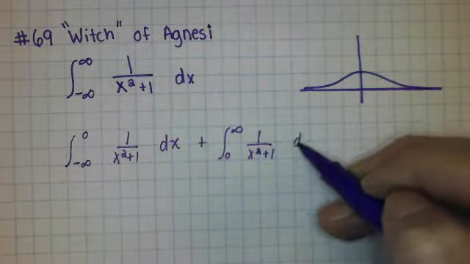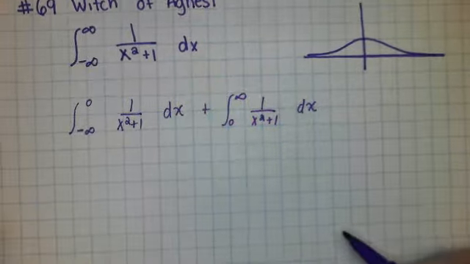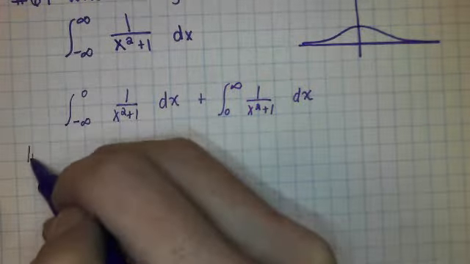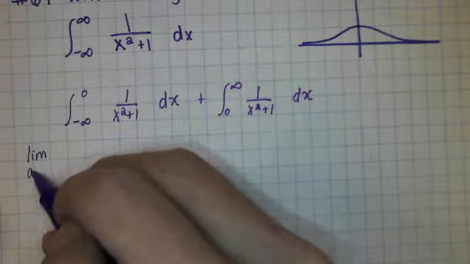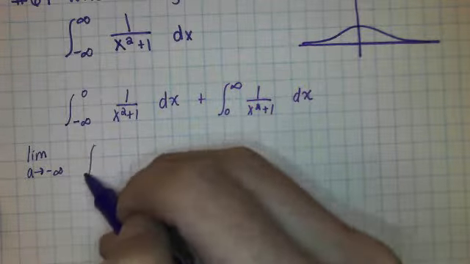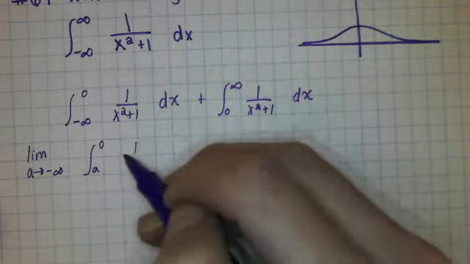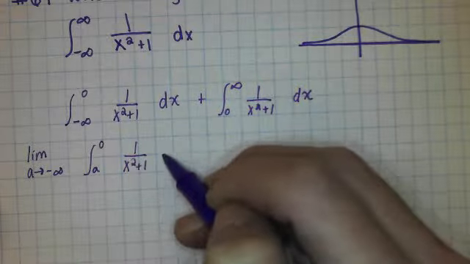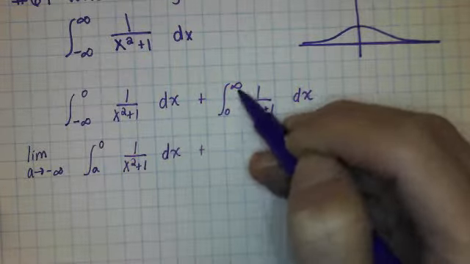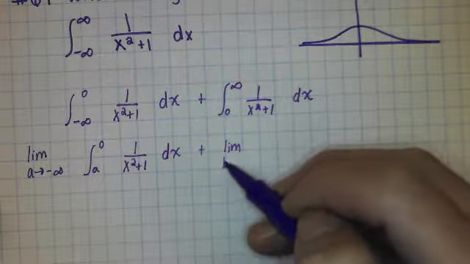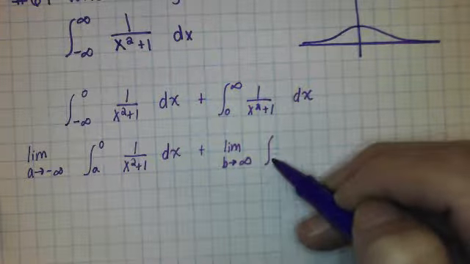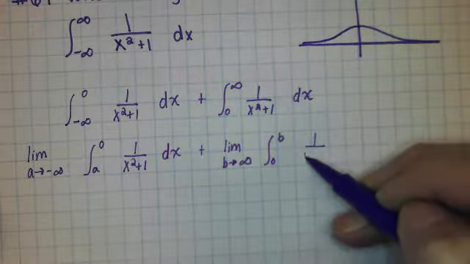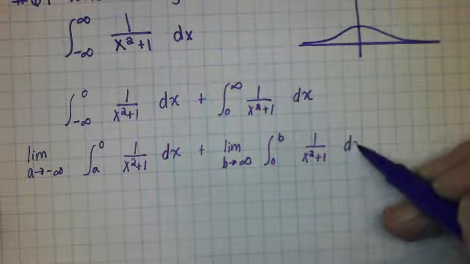And even though this does create two different limits, we have the limit as my lower limit a goes to negative infinity for the integral from a to 0 of 1 over x squared plus 1 dx. Plus this right here is my upper limit, the limit as b goes to infinity from 0 to b of 1 over x squared plus 1 dx.